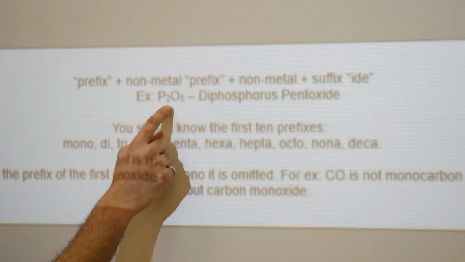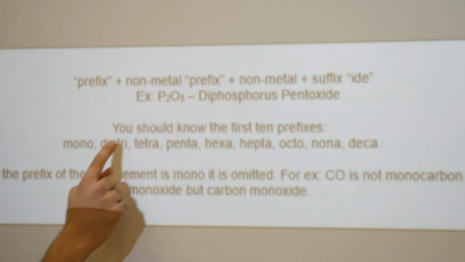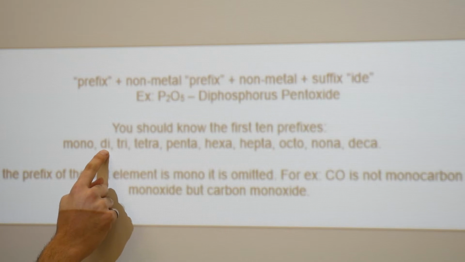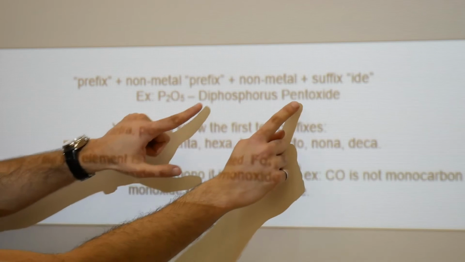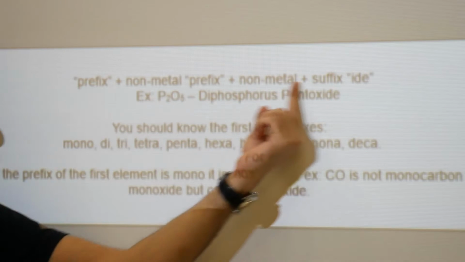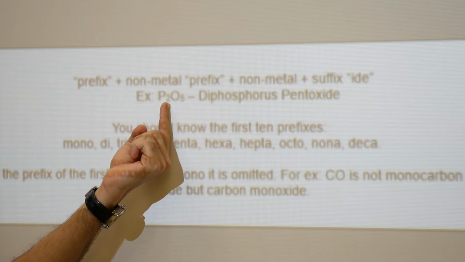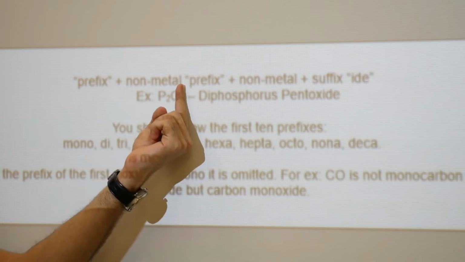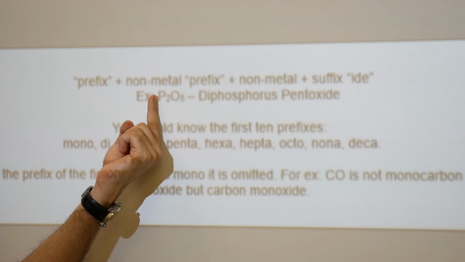So for instance, if I have P2O5, the prefix for the first one would be 2, or in our case, di. 5 is penta. So those are the two prefixes you see here. So let's try to follow this template for P2O5. So 2, di. Now you name the nonmetal. P stands for phosphorus. So diphosphorus.